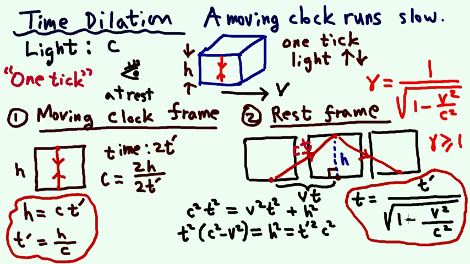So what this means is that if you look at this equation here, t is generally greater than t prime. For any finite velocity, t is greater than t prime. So what that means is that when you watch a clock that's moving, the time that you measure is longer than the time that would be measured in the rest frame of the moving clock.